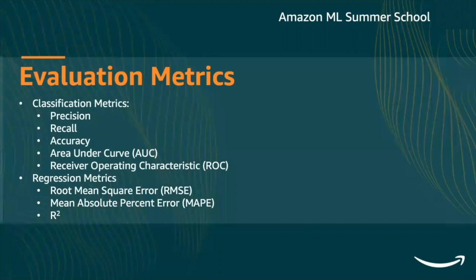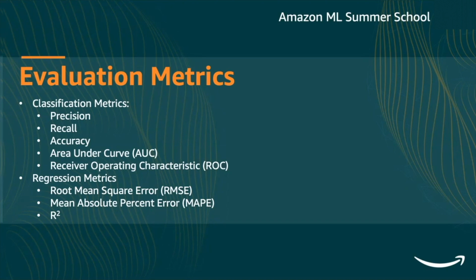So let's begin with evaluation metrics. Now, evaluation metrics explain the performance of a model. Evaluating a model is a core part of building an effective machine learning model pipeline. What happens is that generally you build a model, you get feedback from the metrics which you compute about the model.